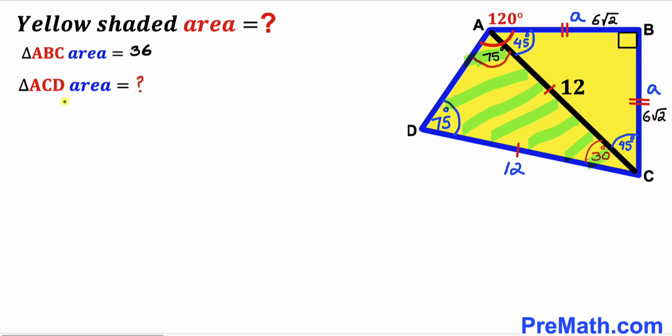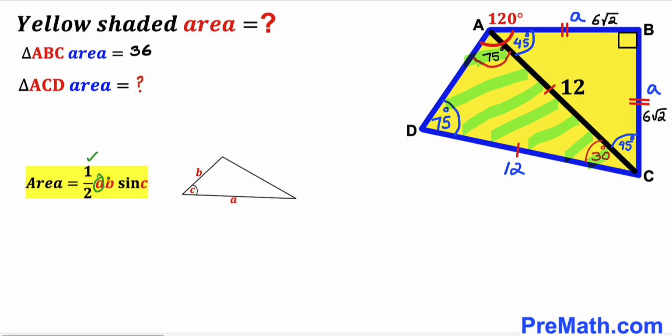And likewise we are going to calculate the area of this other isosceles triangle ACD as well. And now let's recall the area of a triangle formula once again. Area is always equal to a half times A times B times sine of angle C, as you can see in this given triangle. And here we got two sides A and B, and C is the angle in between.